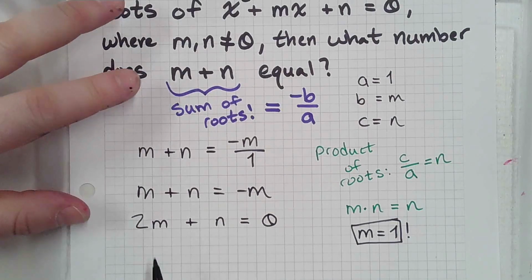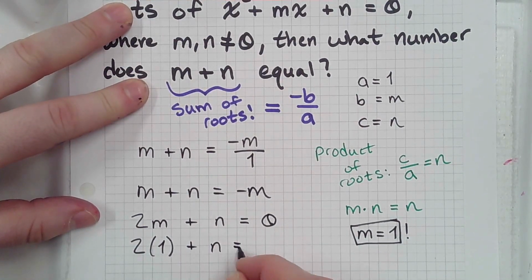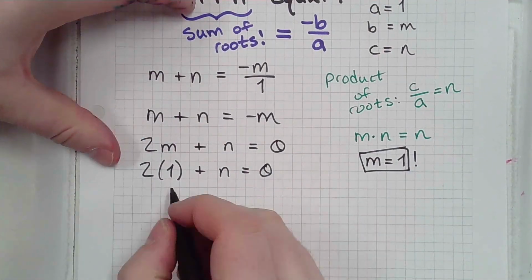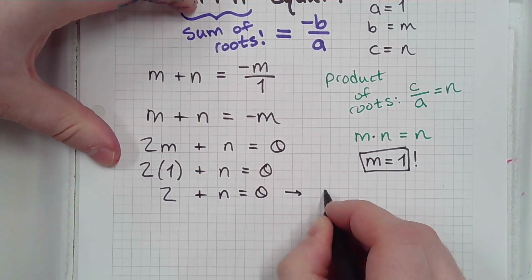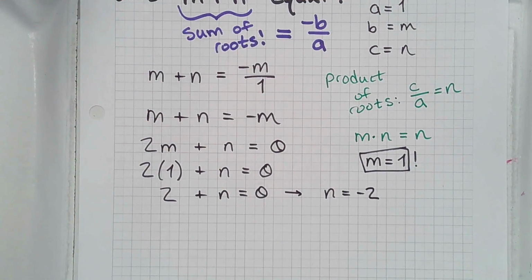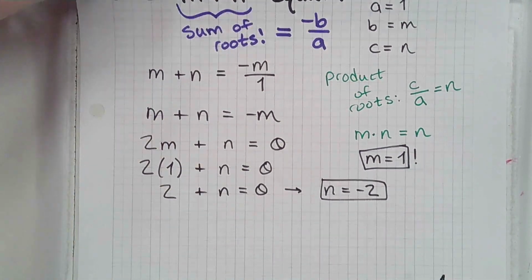So if m is 1, now we can actually solve this problem, right? We have 2 times 1 plus n equals 0. So we know that n must equal -2. And so if we know that n is -2 and m equals 1, we can actually answer their question.